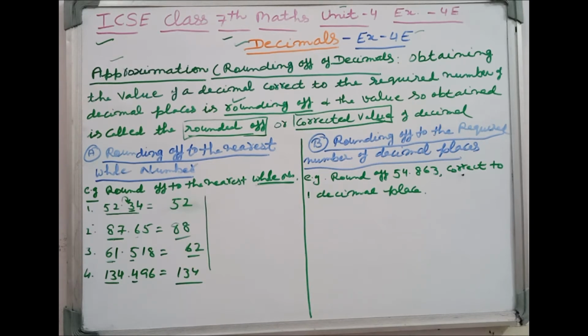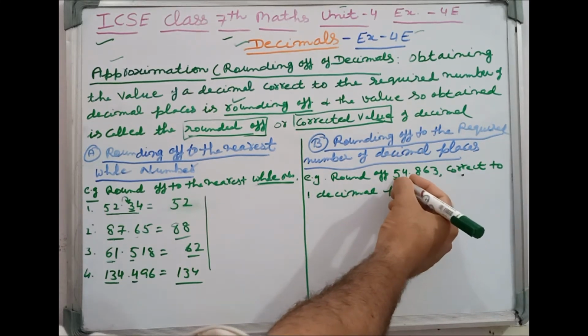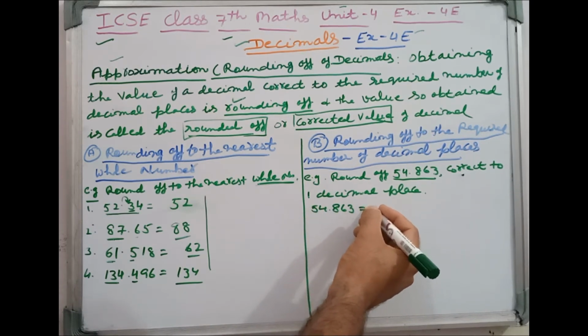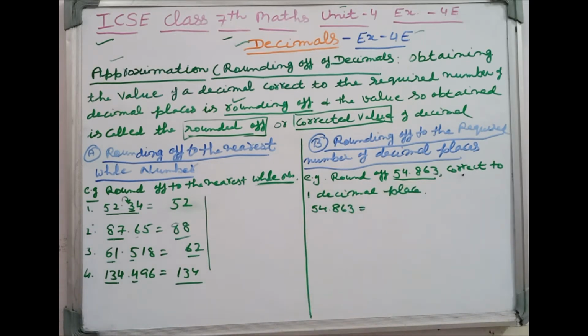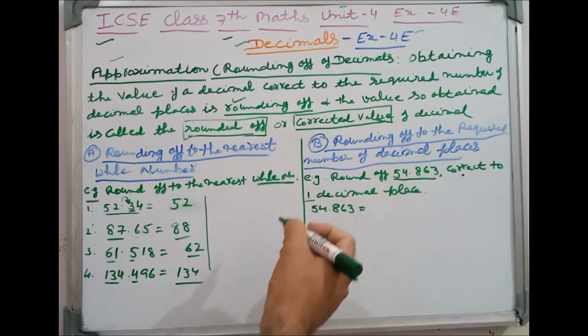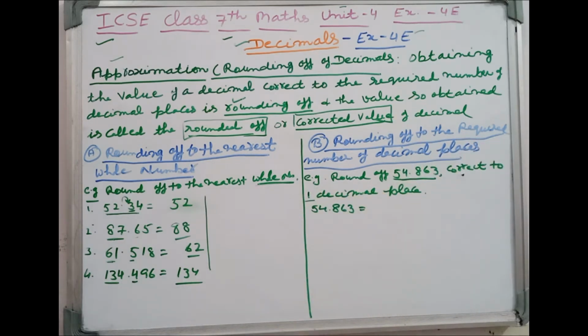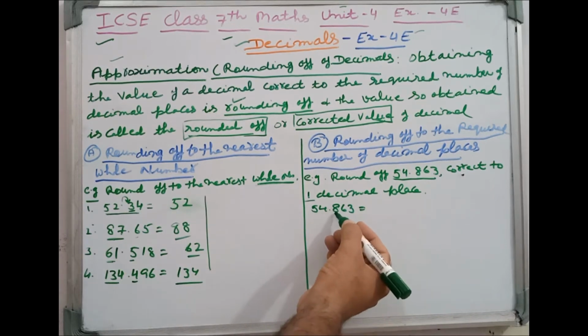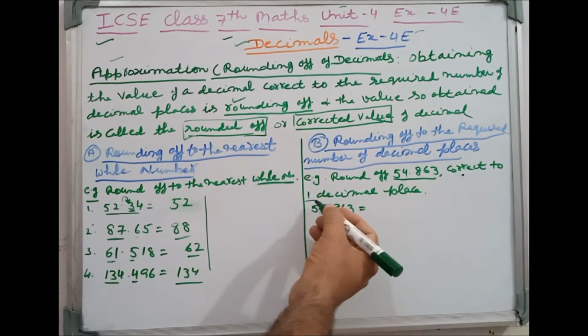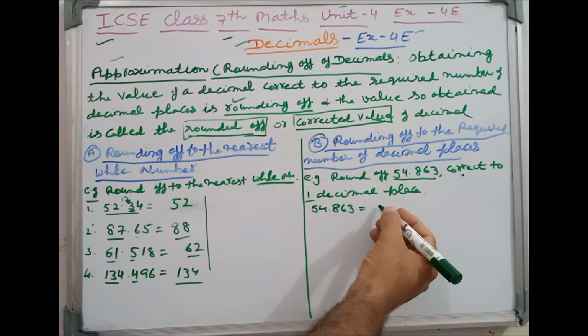So one decimal place. Now our number is 54.863. Because we have to round off this to the required number of decimal places, which is 1 decimal place, right? So we will see, this is one decimal place, this is two decimal places, this is three decimal places, right? So the question is only one decimal place.